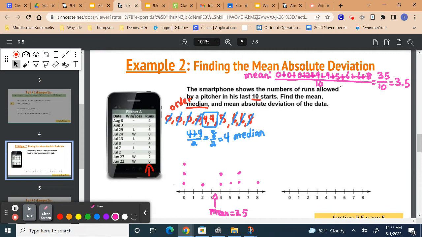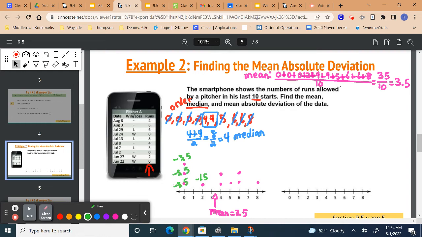All right, so now we have to do our distances from the mean. And this gets tricky because the mean is 3.5. So we have a dot on 2. So it's really negative 1.5 distance away from the mean, okay? And then the zeros are negative 3.5 distance away.